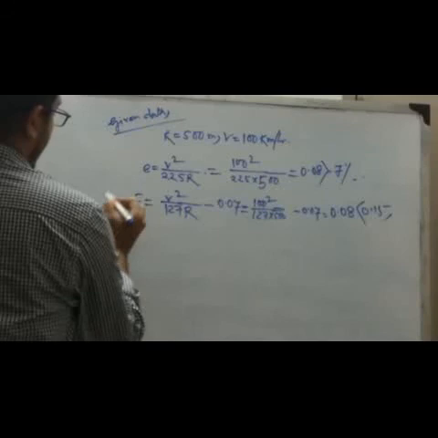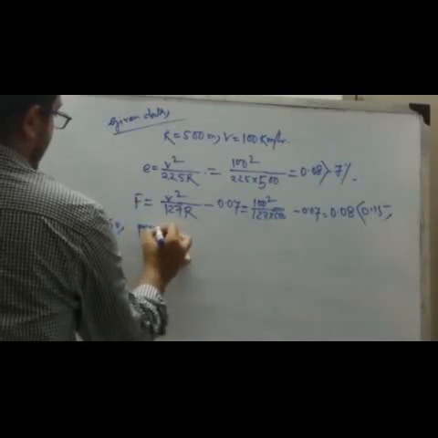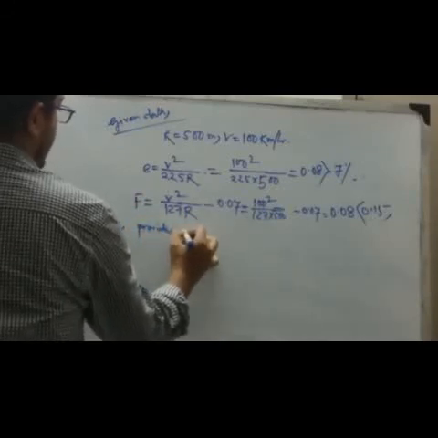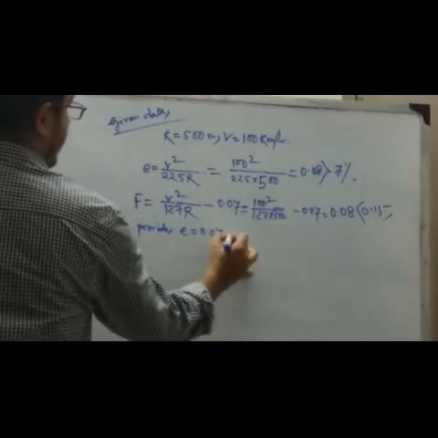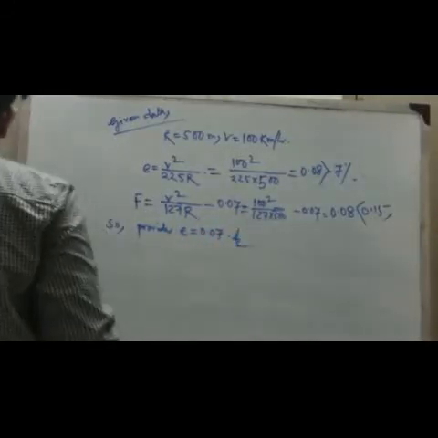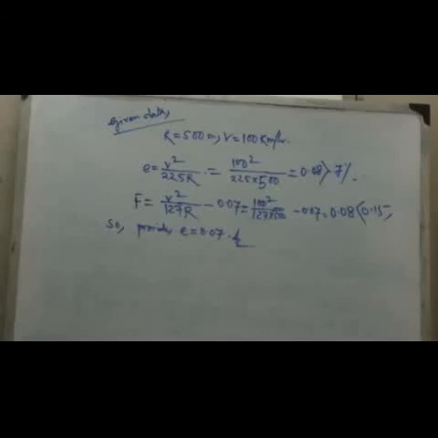So we can write down that provide the value of super elevation, that is 0.07. Okay. Now this is the actual problem of super elevation design. Okay.